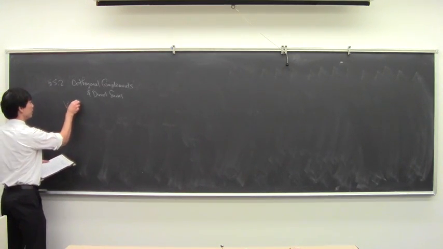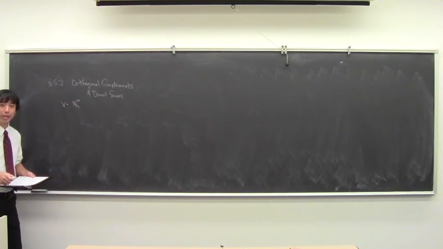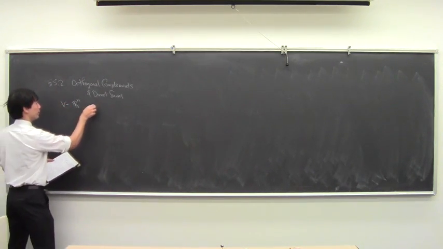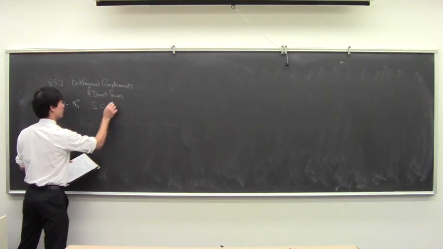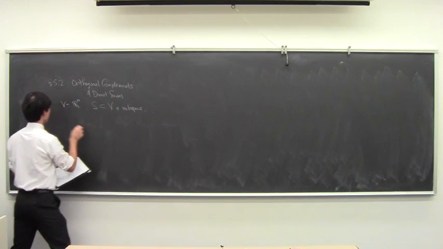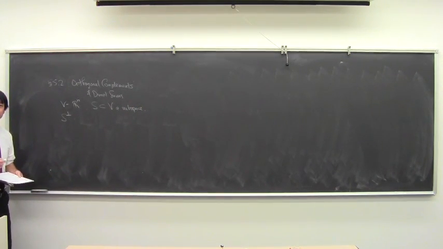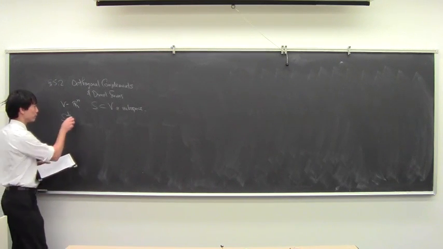You have your vector space. Your vector space is Rn. You have S, a subspace, right? And then we have this thing called the orthogonal complement. What's the orthogonal complement? All vectors that are orthogonal. So how do I describe it?